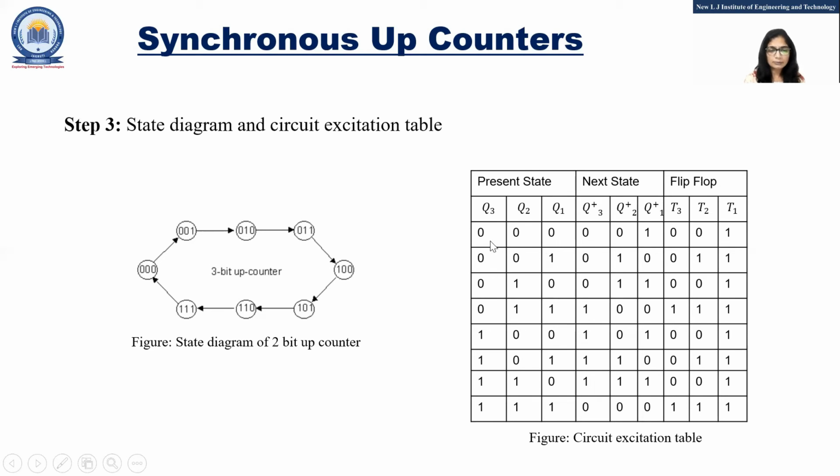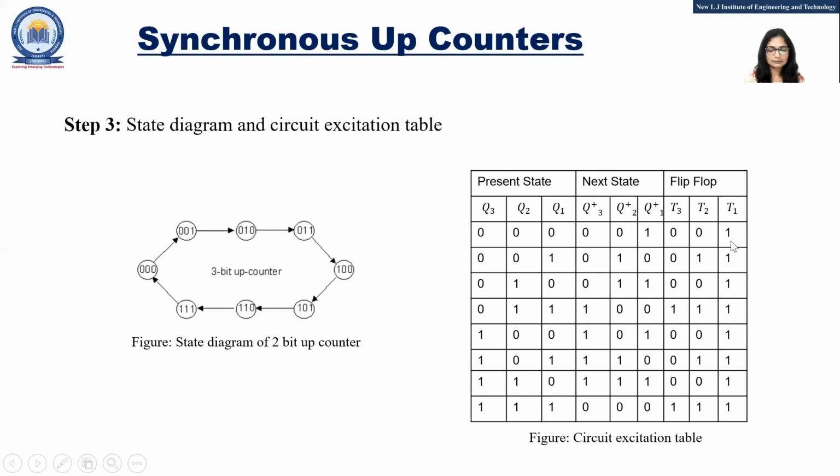This is 3 bits, so the maximum possible combinations will be 8, from 0, 0, 0 to 1, 1, 1. Now we will refer to this state diagram. Current state is 0, 0, 0; next state will be 0, 0, 1. I will write the next state here. Then suppose the current state is 0, 0, 1; the next state will be 0, 1, 0. So in the next state, we will write these combinations in this sequence only.